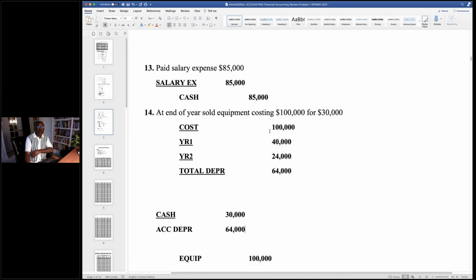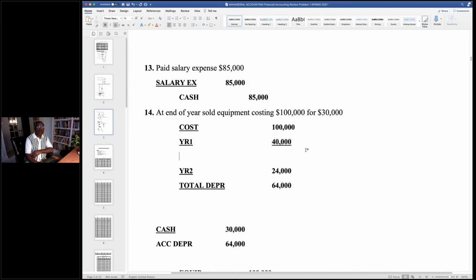We're at 100. Maybe I need to put an underline here. So that net book value was 60,000.